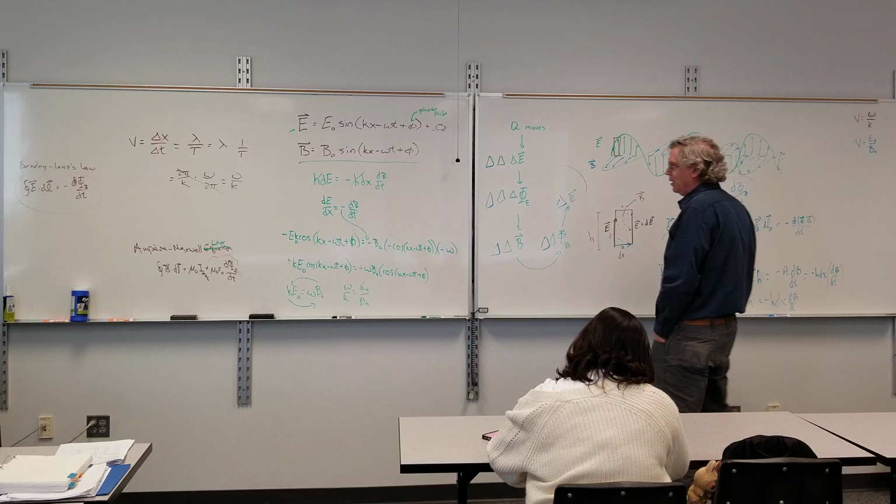So if I did that, and then looked at a section there, with a dx, a height of h, my magnetic field is B. This would be B plus some infinitesimal change, and my electric field is going away.